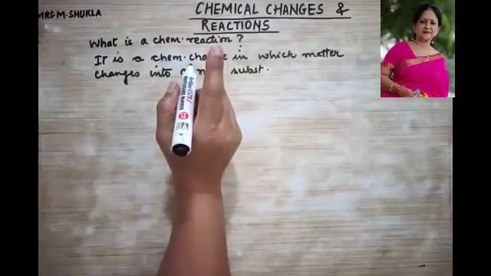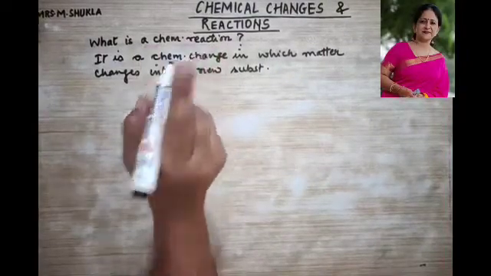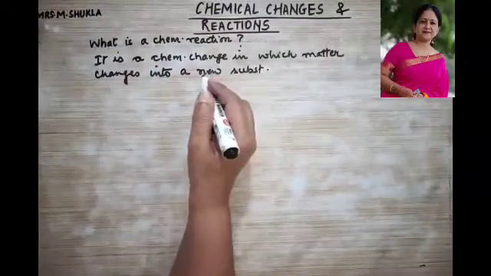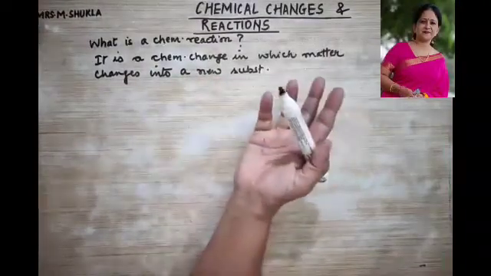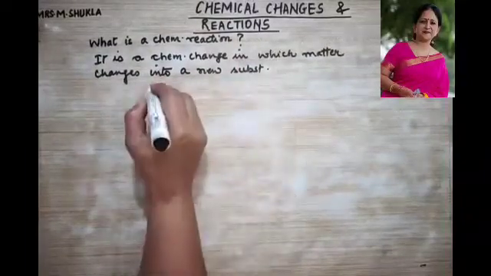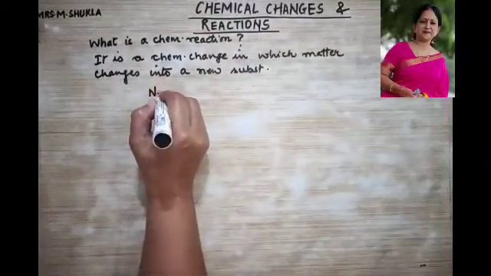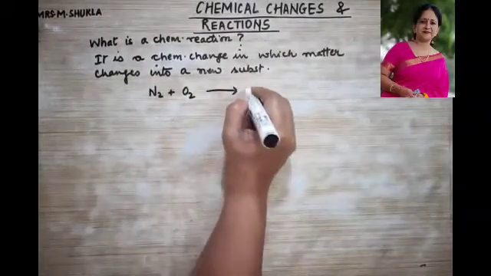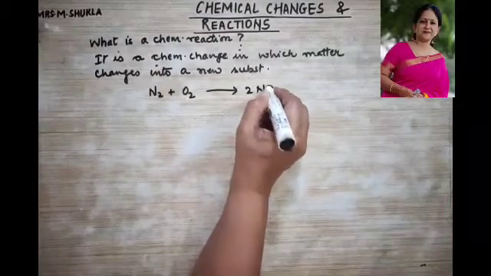In a chemical reaction, the substance that takes part in the reaction is called a reactant, and the new substance that is formed is called a product. Let me give you an example over here, like N2 plus O2. It gives us 2NO. Clear?